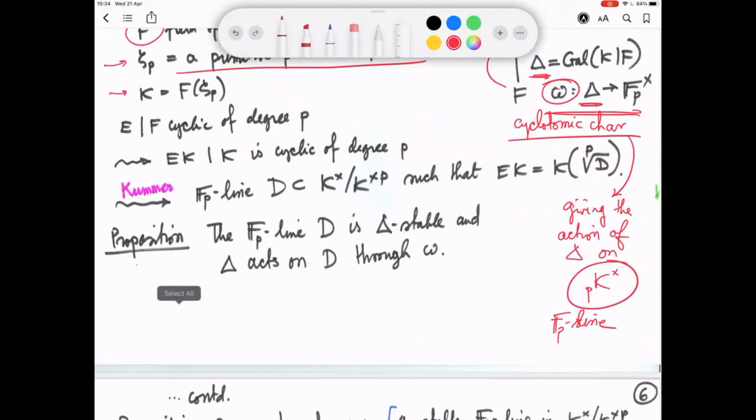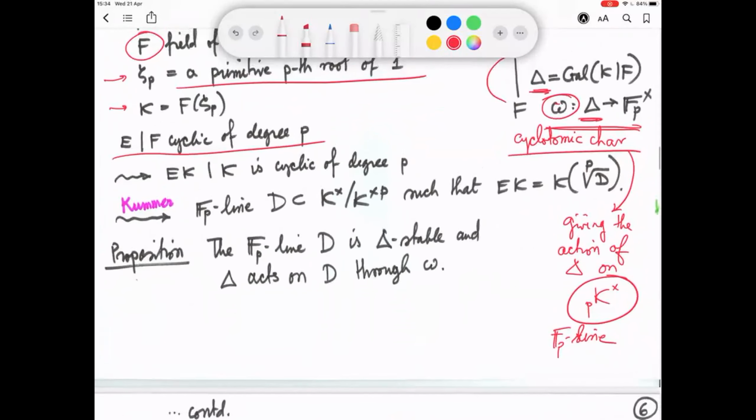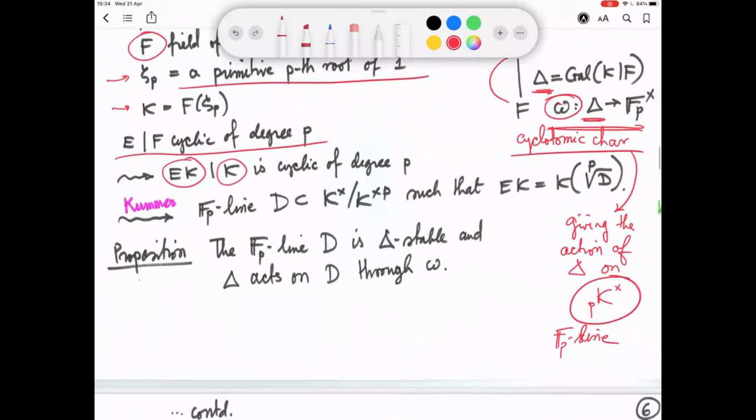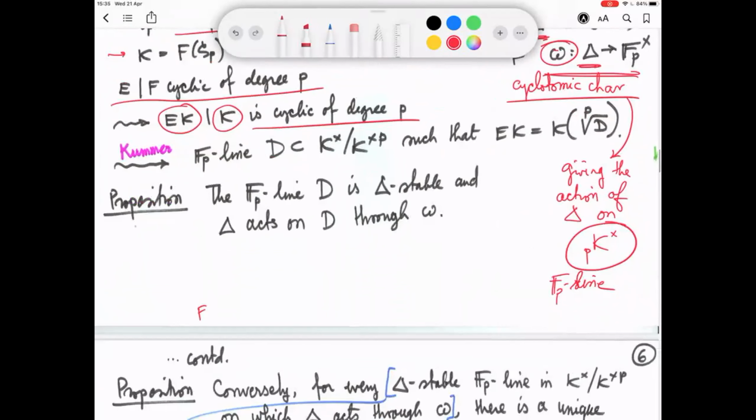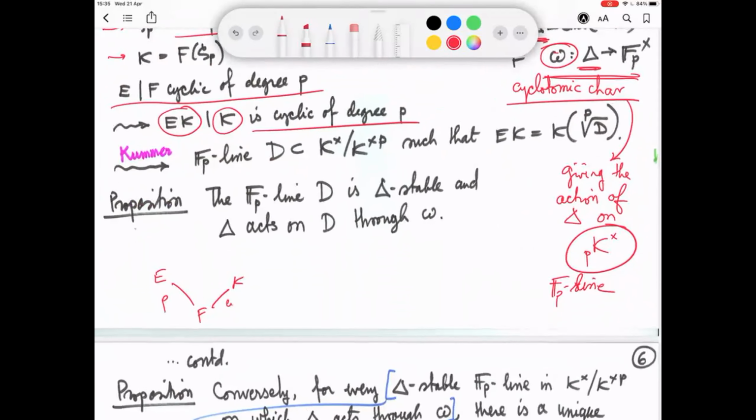Okay, now let's take a cyclic extension of F of degree p, call it E. I can take the compositum of E and K, which as an extension of K is cyclic of degree p, right? You have your F here, you have your K here, and you have your E here. This is cyclic of degree, I don't know what the degree is, but I know that it divides p minus 1, and then you take the compositum EK.